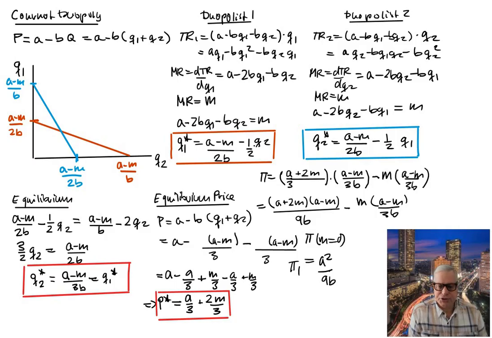So yeah, let's just stop here and then continue the next video with the Stackelberg leader-follower model, and then also a third version, Bertrand competition, and then we compare the various welfare implications of each. But before we get to the welfare implications, let's first introduce the Stackelberg leader-follower model next.